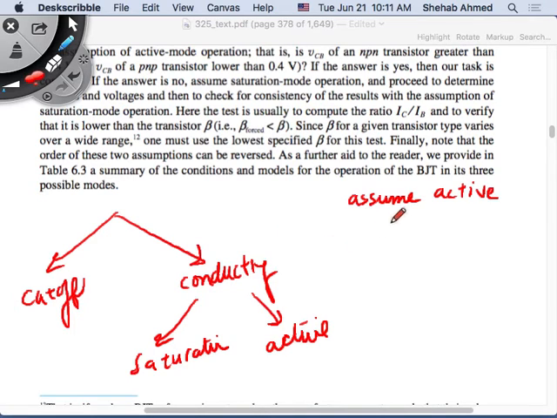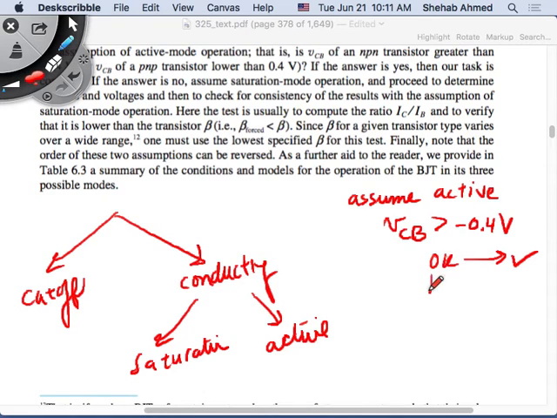What do we check? We check that VCB, my collector base voltage, is greater than negative 0.4 volts, meaning minus 0.3 or minus 0.2, right? So the collector base junction is still reverse biased. So if it's still reverse biased, then fine, I'm in active region.